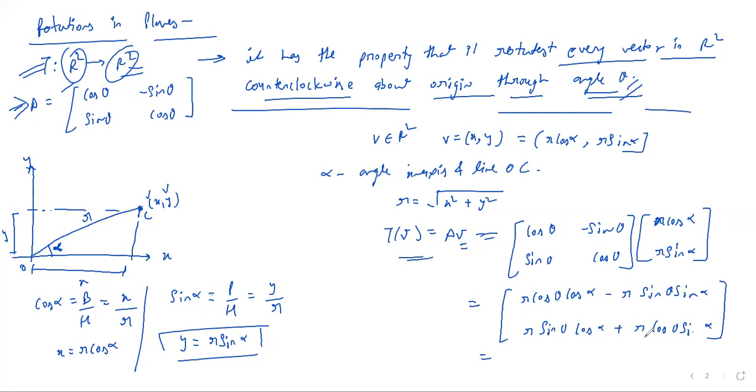If we apply the trigonometric rule here by taking r common in the first one, it would be cos of theta plus alpha. This is the trigonometric formula for cos of a plus b, which is cos a cos b minus sin a sin b. Similarly for this one, if I take r common, then it would be sin of a plus b, because sin a plus b equals sin a cos b plus cos a sin b. So it would be sin of theta plus alpha.